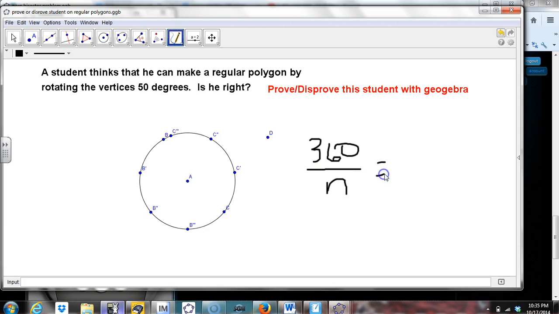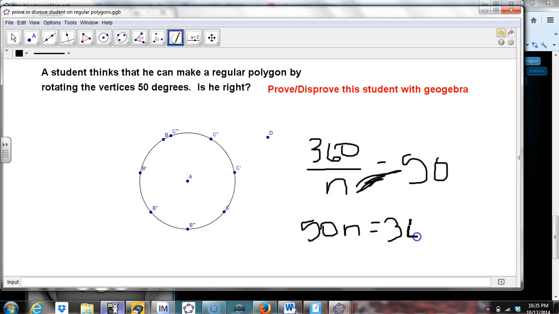That has to equal our angle of rotation, in this case 50 degrees, right? So what number do we divide 360 degrees by to make 50? Well, another way of thinking about this is 50 times n, right? If we multiply these two numbers together, doesn't that have to equal 360?